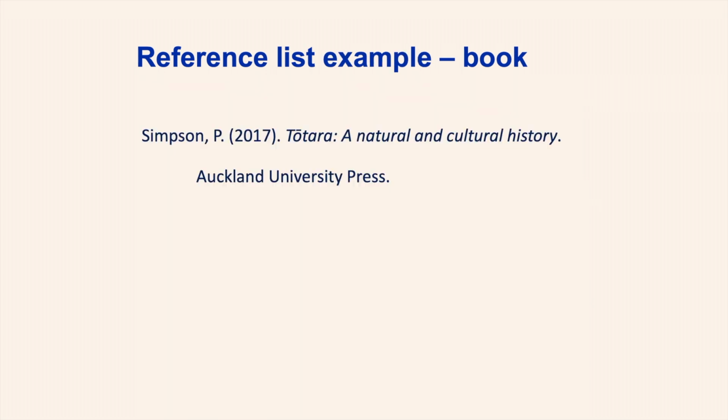You can now compare your reference list entry with the correct APA style example. Similar to the web page example, there are 4 key parts to a reference list entry for a book: the author, the year of publication, the title of the book, and the publisher.